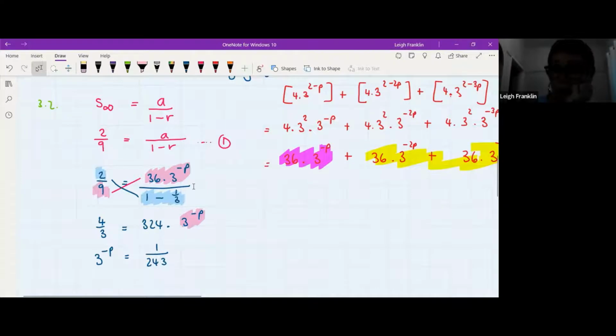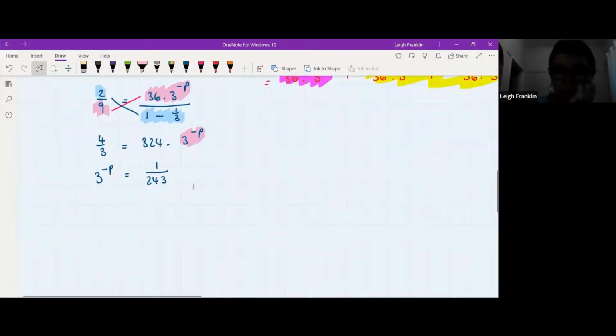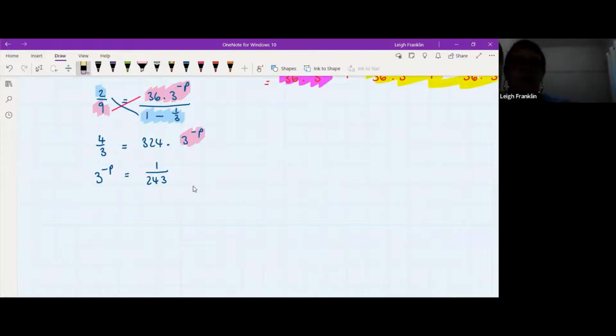Ma'am, yes, ma'am, won't we turn the 1/243 into a prime factor? Absolutely. So the rule here, Noxie, is you've got to equate the bases. Okay, so you've got to equate the bases so that you can equate the exponents.